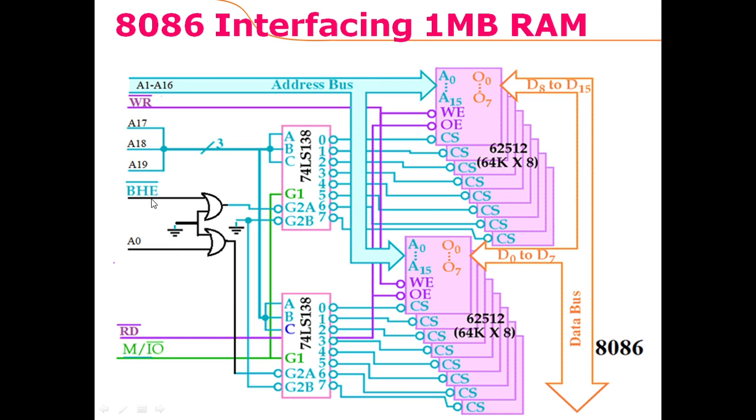When bank high enable is 0, the upper bank is selected. And when A0 is 0, the lower bank is selected. When both are 0, both of the banks are selected. And when both are 1, then none of the banks is selected. So this is a very simple example of interfacing the 8086 microprocessor with 1 megabyte of random access memory.